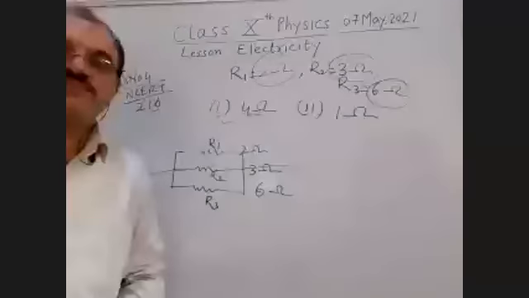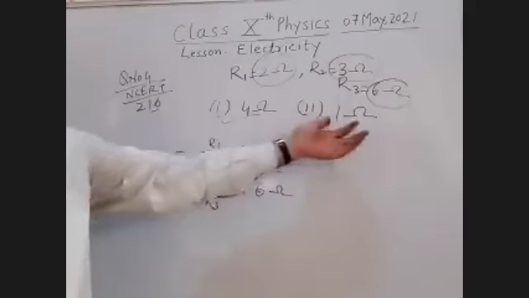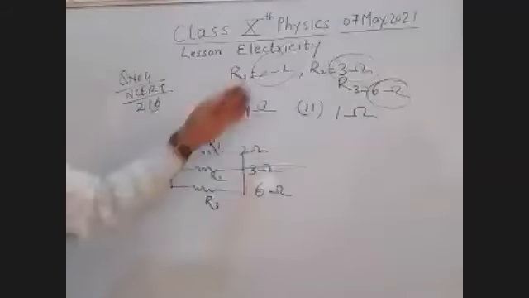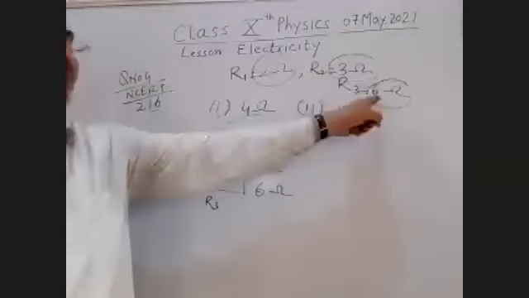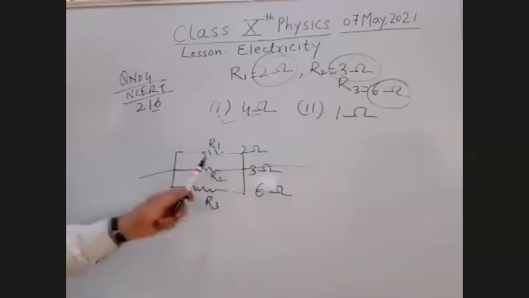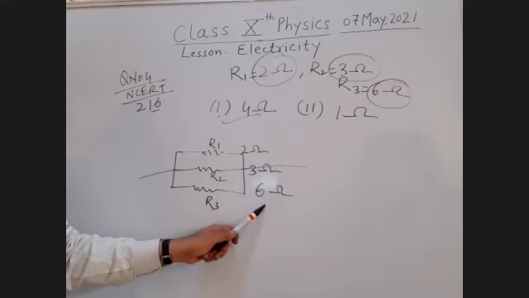Yes, students, for solving the second part, it is given as 1 ohm. How can these three resistances, 2 ohm, 3 ohm, 6 ohm, be connected to get the answer of 1 ohm? Is it clear, students? 2 ohm, 3 ohm, and 6 ohm.